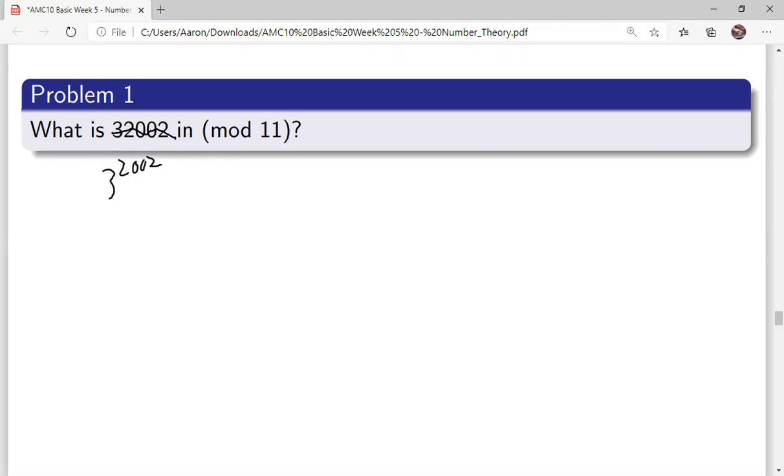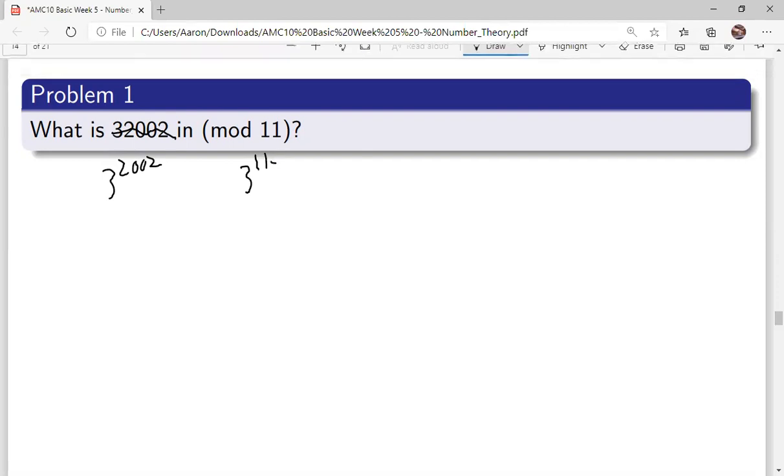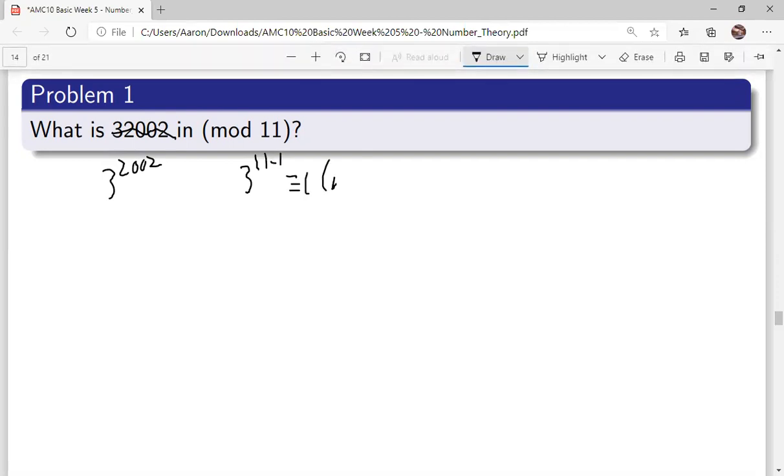All right, so I'll start going over this problem now. So applying Fermat's Little theorem, or FLT, you know that 3 to the 11 minus 1 is congruent to 1 mod 11. And so when you simplify this, you get 3 to the 10 is congruent to 1 mod 11.